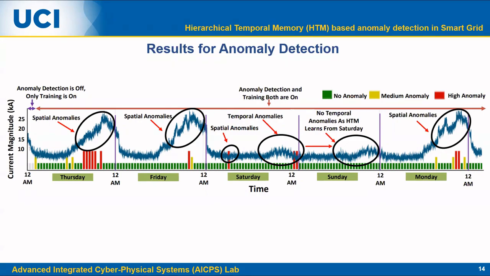For example, on Thursday there are 5 spatial anomalies, which are denoted with red bars, and on Saturday there are 3 temporal anomalies, which are also denoted by red bars.